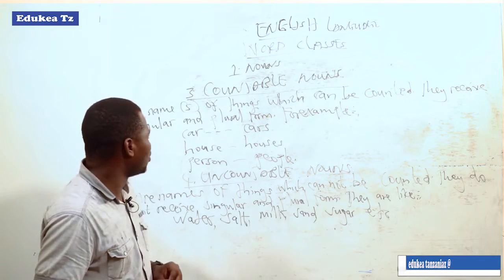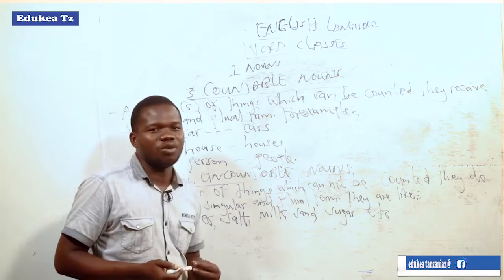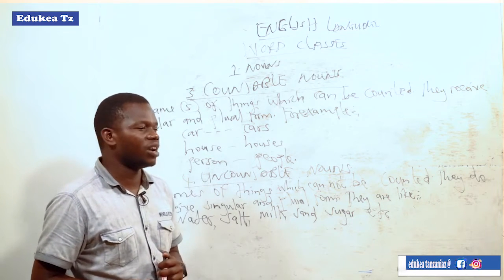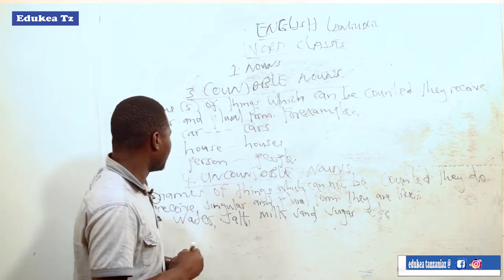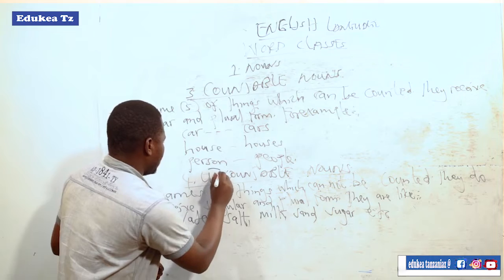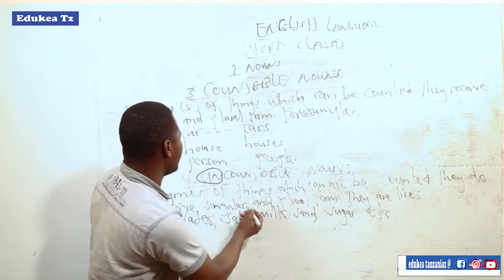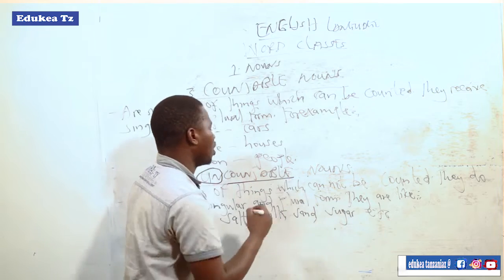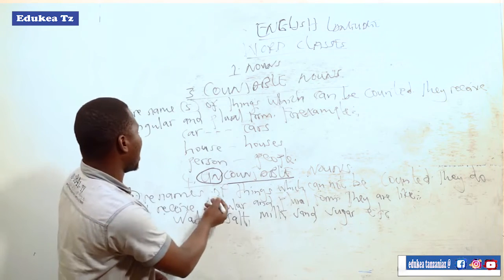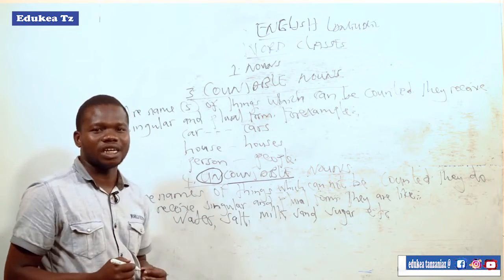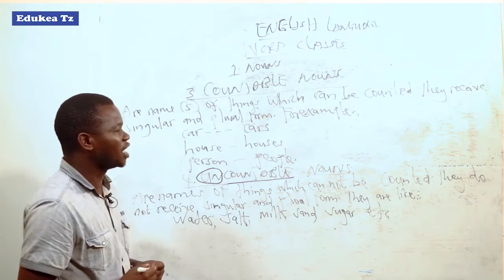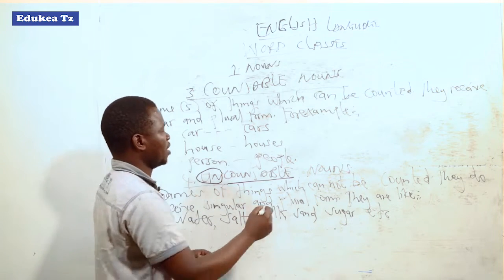The other type of noun is uncountable nouns. Uncountable nouns. So here we have an that is preceded before the word countable. So this an shows negation, or an means negation, means not.